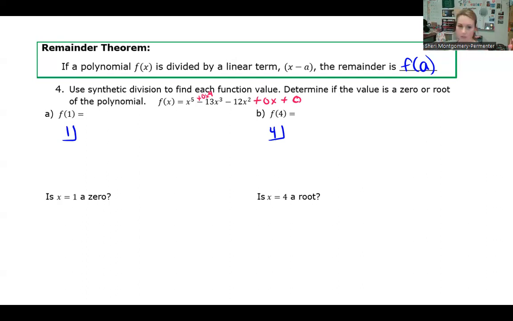I'm going to write down all the coefficients into my problem and then the constant. Part B is using the exact same polynomial, so if you want to go ahead and set that one up, you can.